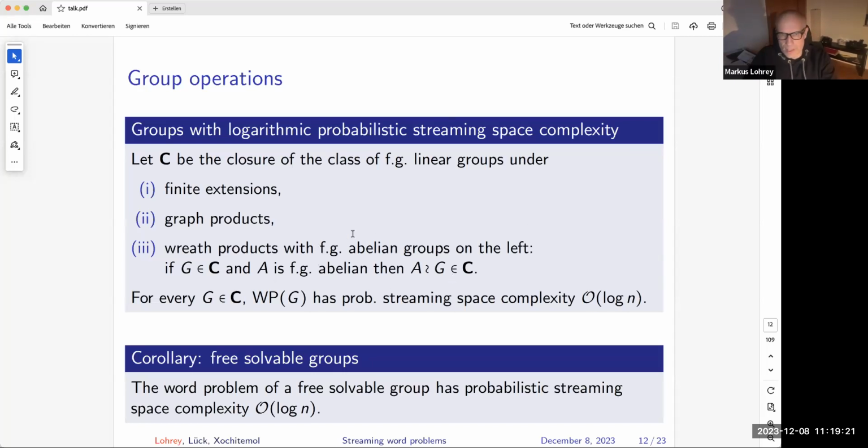By this final closure property under wreath products with a left factor which is finitely generated abelian, we immediately get the fact that the word problem of a free solvable group has probabilistic streaming space complexity big O of log n, because every free solvable group can be embedded into an iterated wreath product of finitely generated abelian groups.